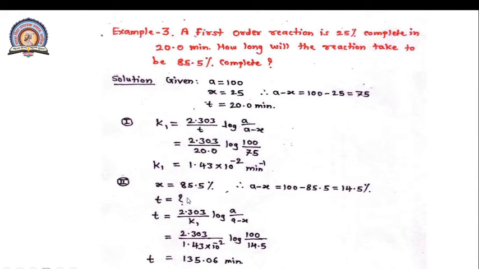Then t = 2.303 / k1 × log a/(a - x) = 2.303 / (1.43 × 10^-2) × log (100/14.5), substituting the earlier value of k1.